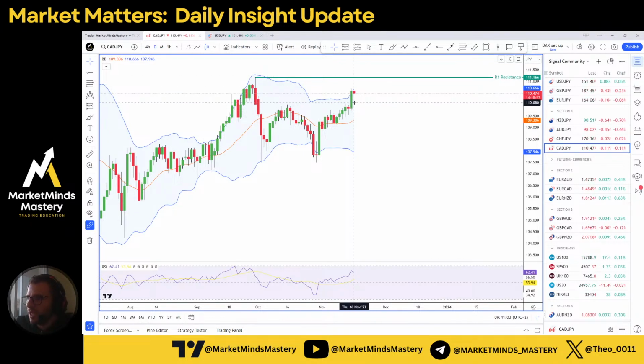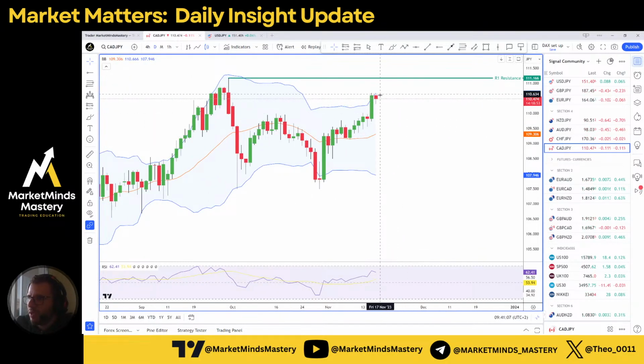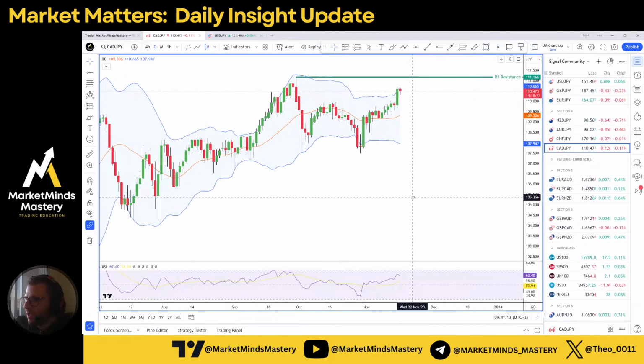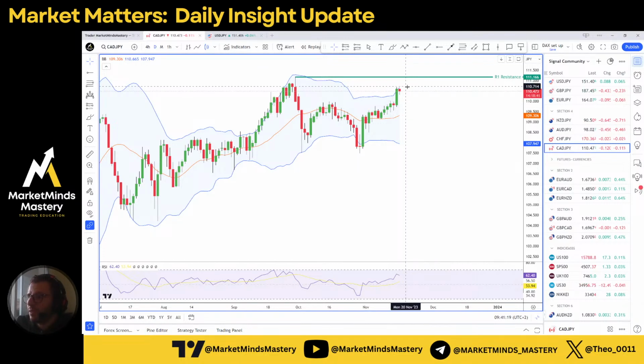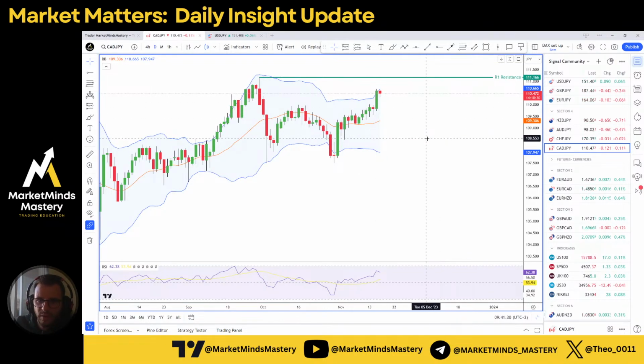It was an inside candle yesterday, a breakout occurred, and the price rose to the upside. So for the CAD JPY, I see that more bullishness can come, although we just closed outside of the upper band. But again, maybe some volatility will force the price to push higher. Overall, it is bullish.